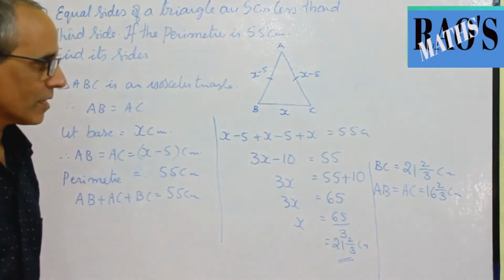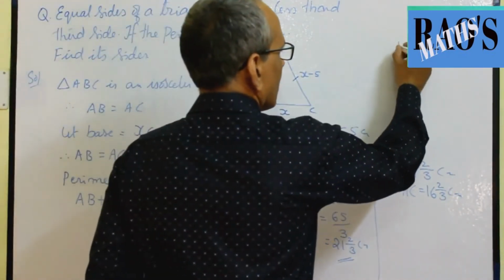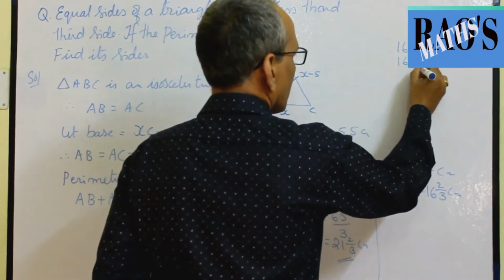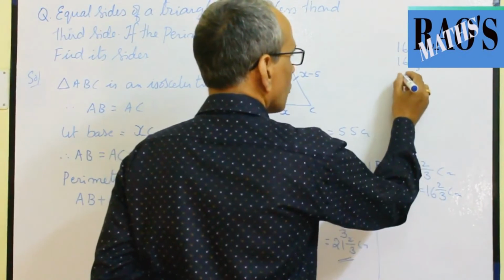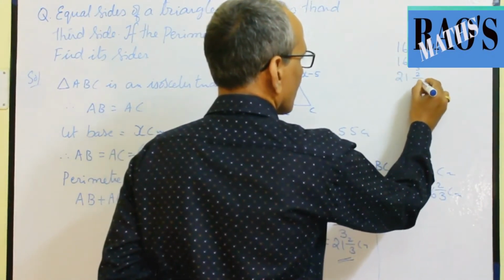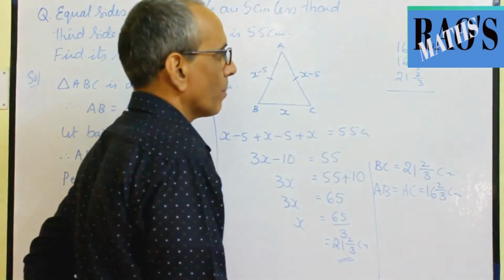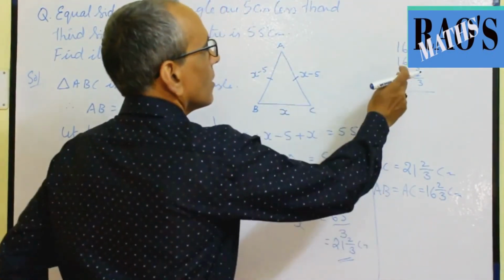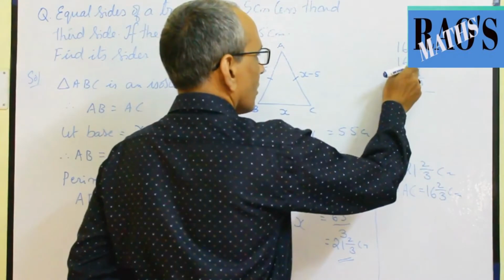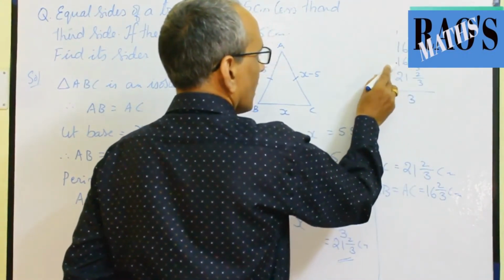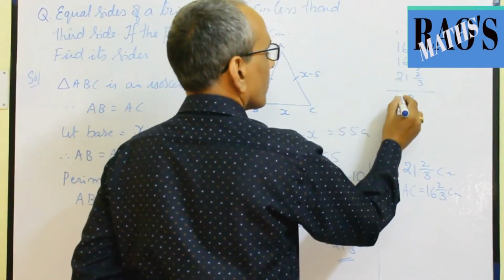Okay, let's verify the sum. 16 2 by 3, 16 2 by 3, 21 2 by 3. The sum of the whole number part: 1 plus 6, 7, 7 plus 6, 13, 13 plus 2 plus 1, 3, 4, 5.